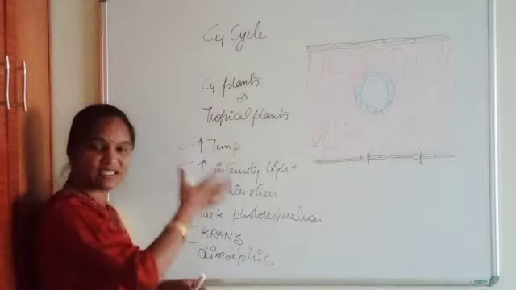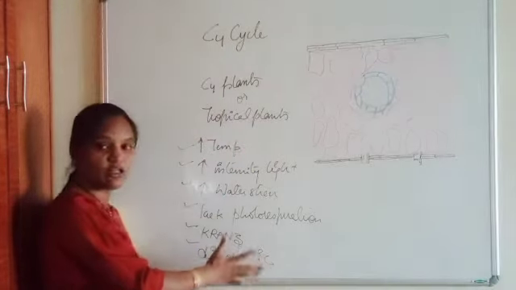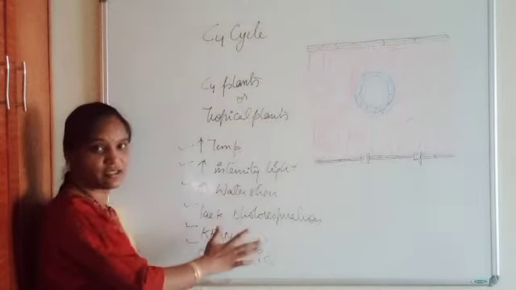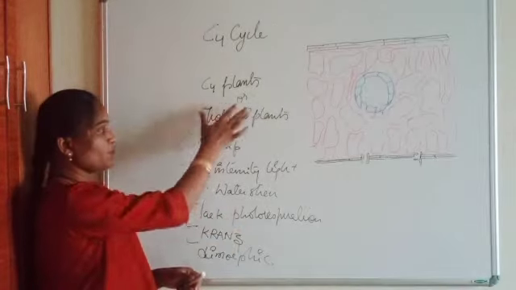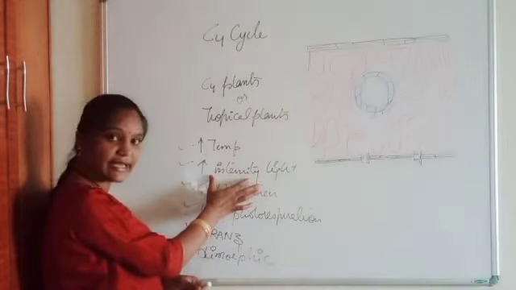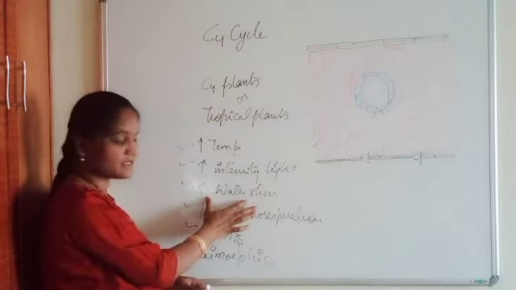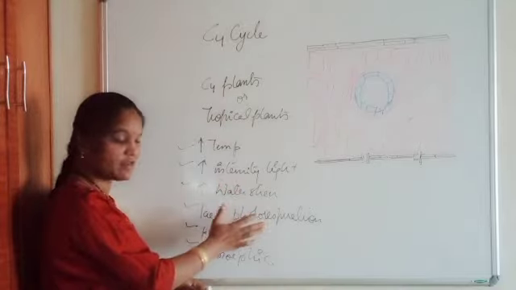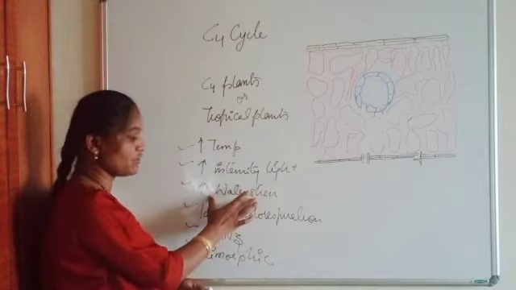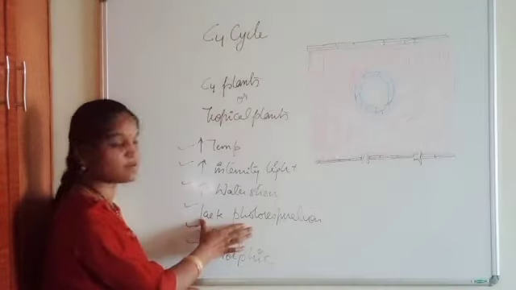When compared to C3 plants, they are not as efficient as they lack all these properties. C4 plants can withstand high temperature, high intensity of light, and water stress conditions during drought in dry lands, and they lack photorespiration.